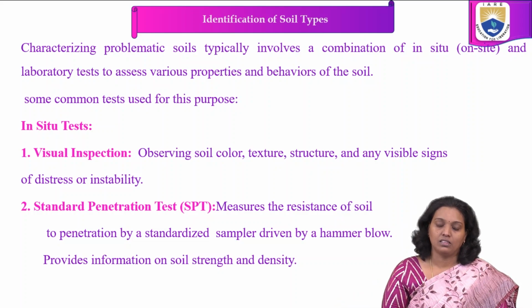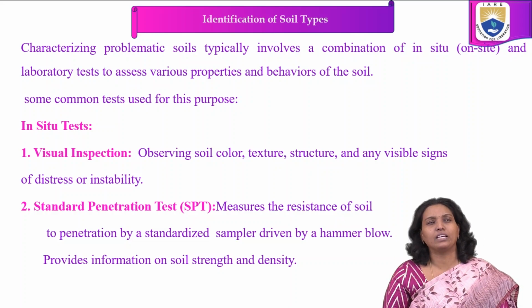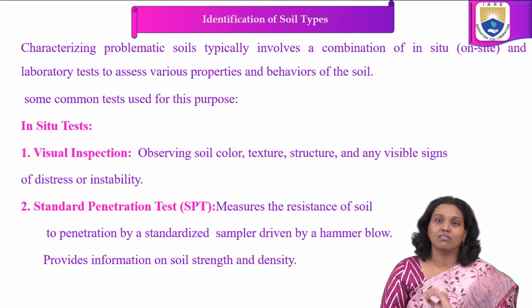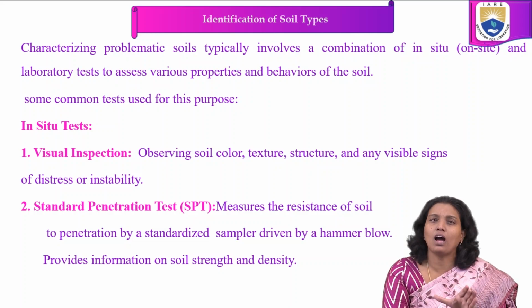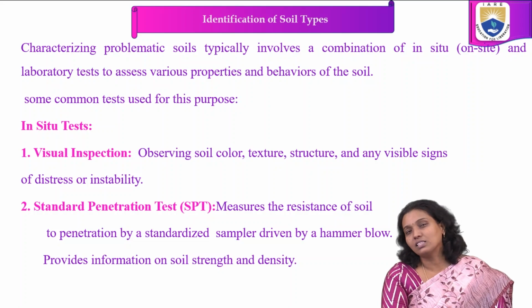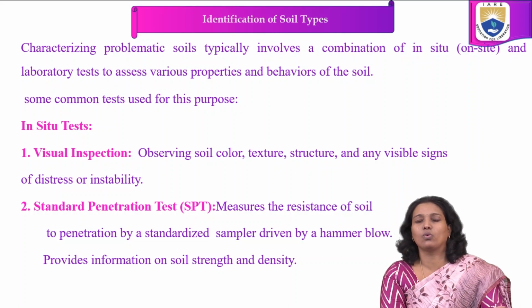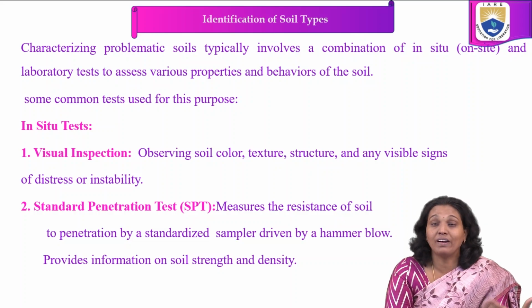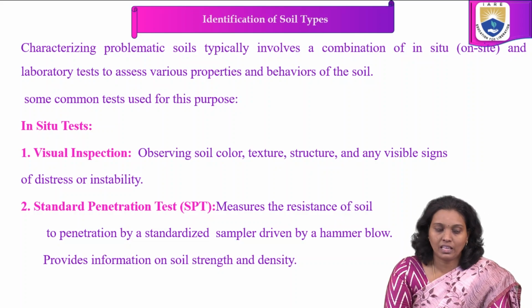These are the parameters we understand by visual inspection, and we get the outline of what the soil is going to give and what problems we are going to face for the construction.